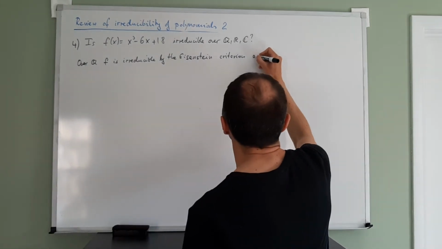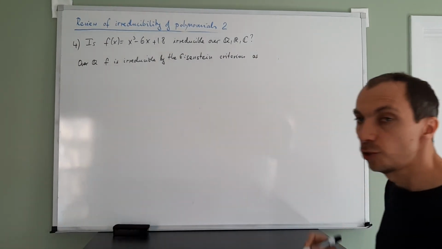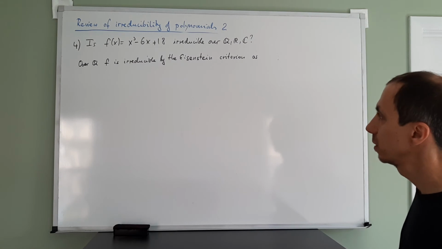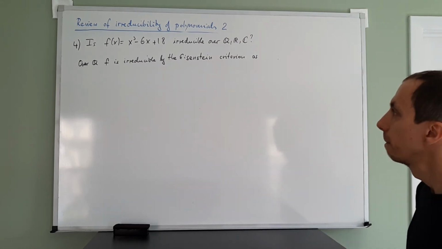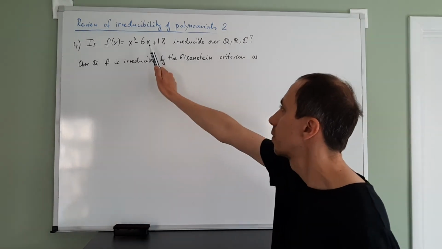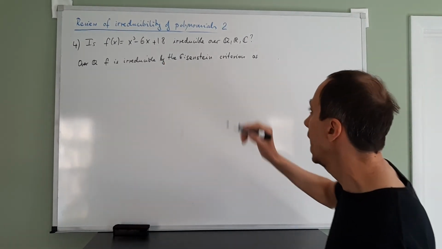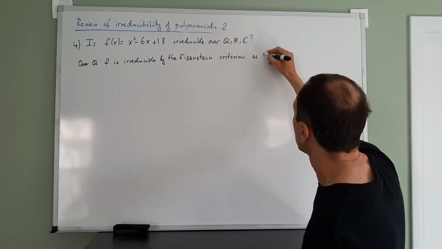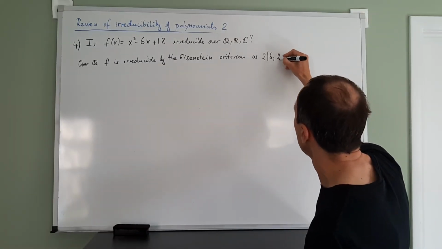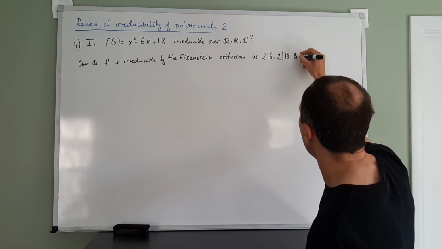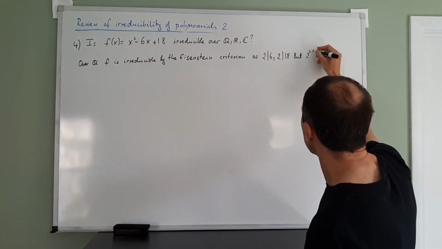What primes can I use? There are two primes that divide the coefficients, 2 and 3. Note that I cannot use 3 because 3 divides 6, but 3 squared also divides 18. But I can use 2, as 2 divides 6, 2 divides 18, but 2 squared does not divide 18.